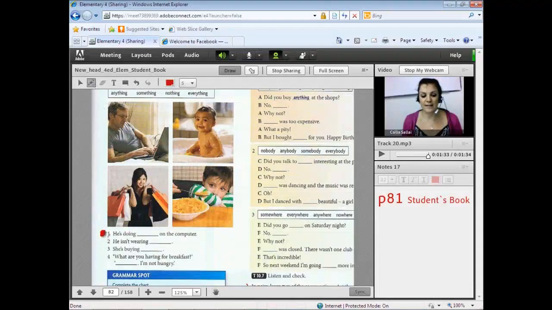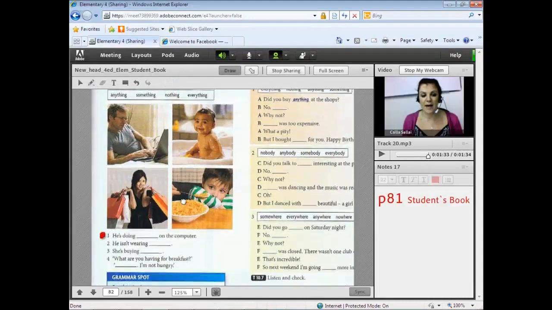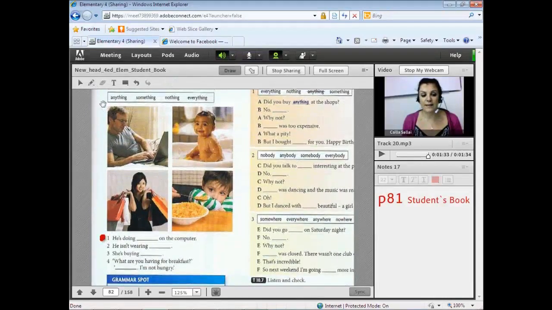There are 4 sentences and there are 4 words in this box right above the pictures: anything, something, nothing, or everything. So please complete the sentences on your own. Off you go.